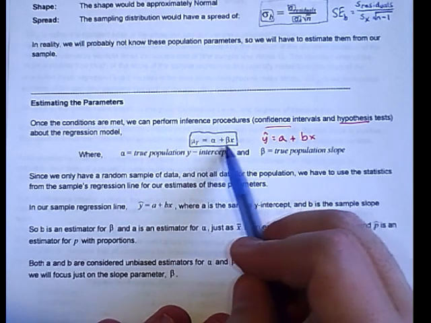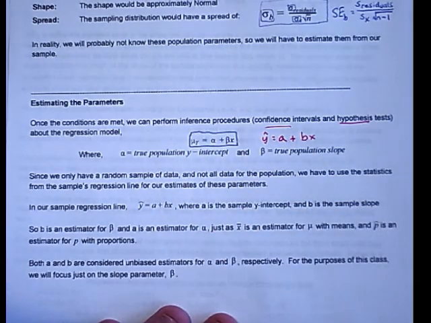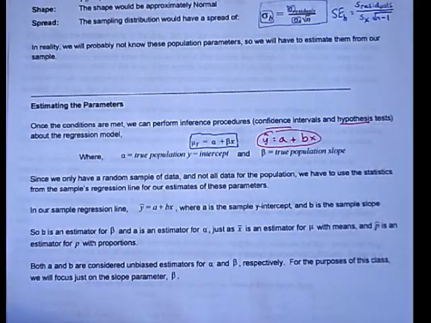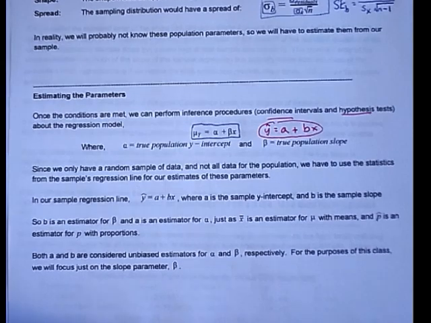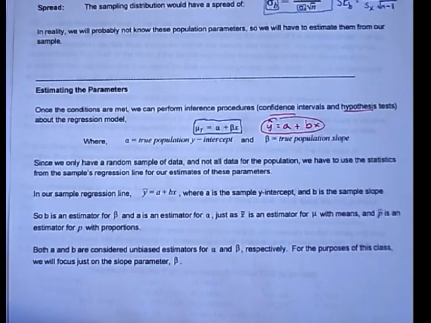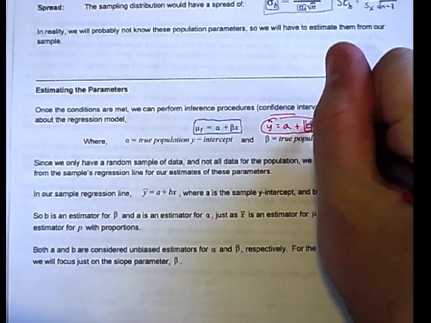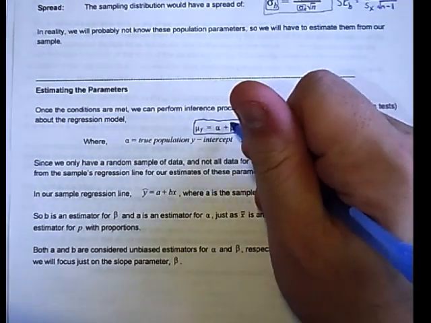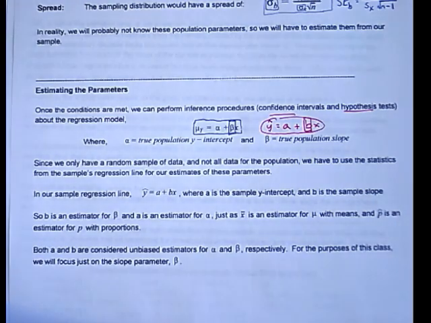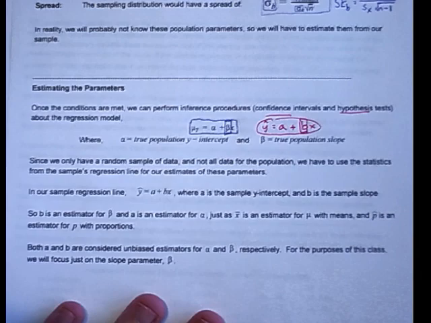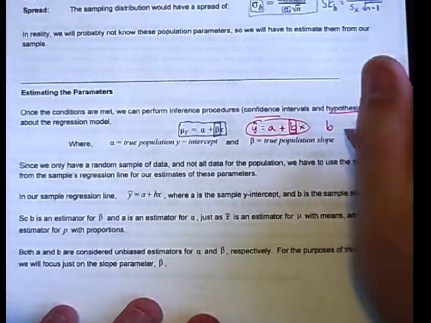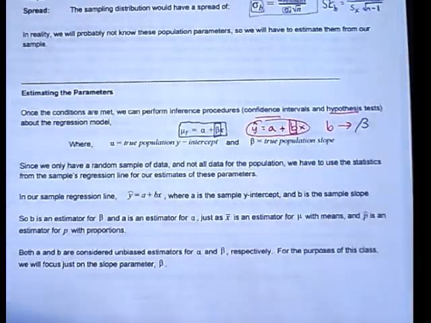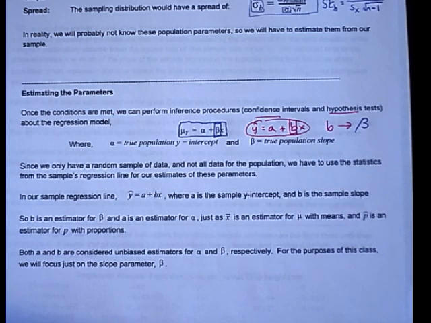So this is like a population statement, whereas this is coming from a sample. And we're going to focus our efforts on looking at the sample slope as an estimate for the population slope. So B is going to be our statistic in efforts to estimate the true slope, beta.